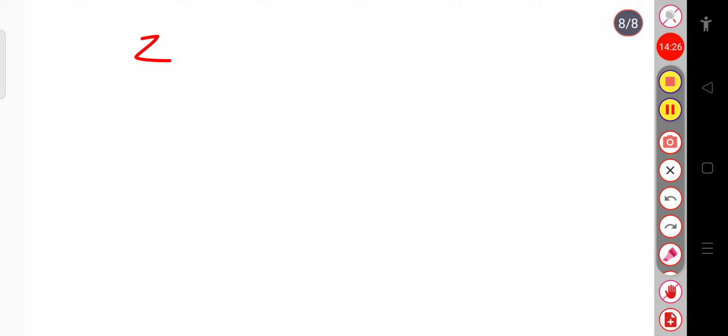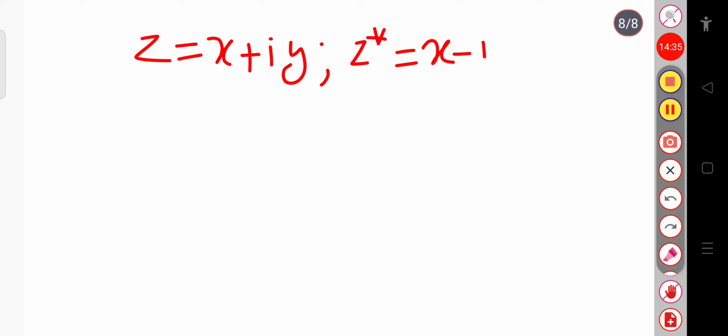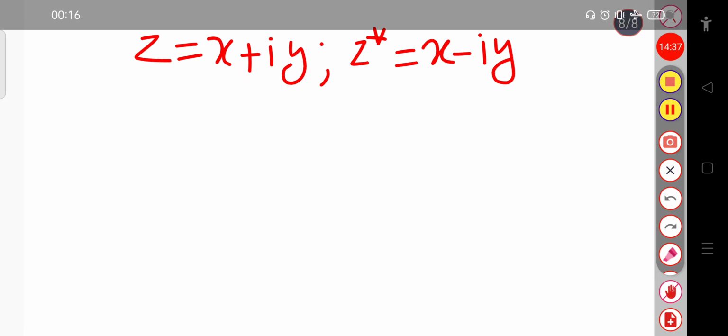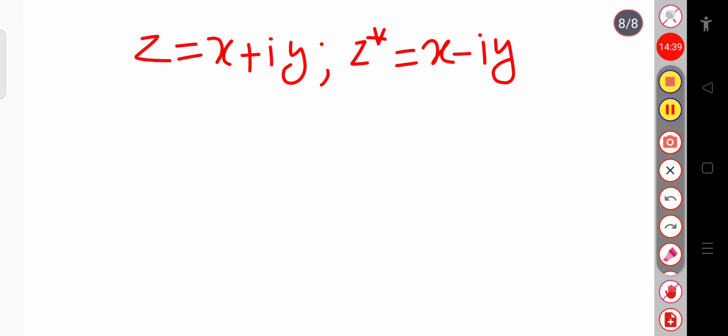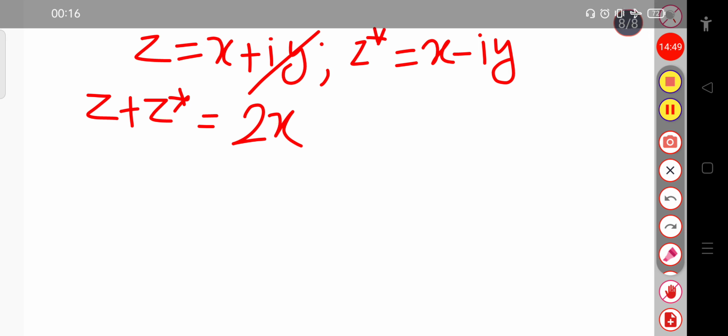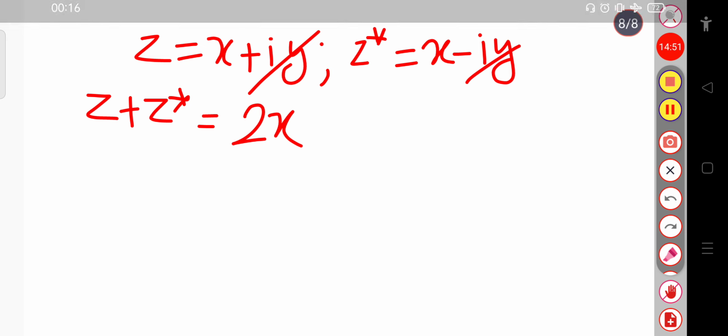Now suppose z is x plus iy, and we know its complex conjugate z star is x minus iota y. If I want to add these two numbers, z plus z star, this will be 2x, and iota y gets cancelled.